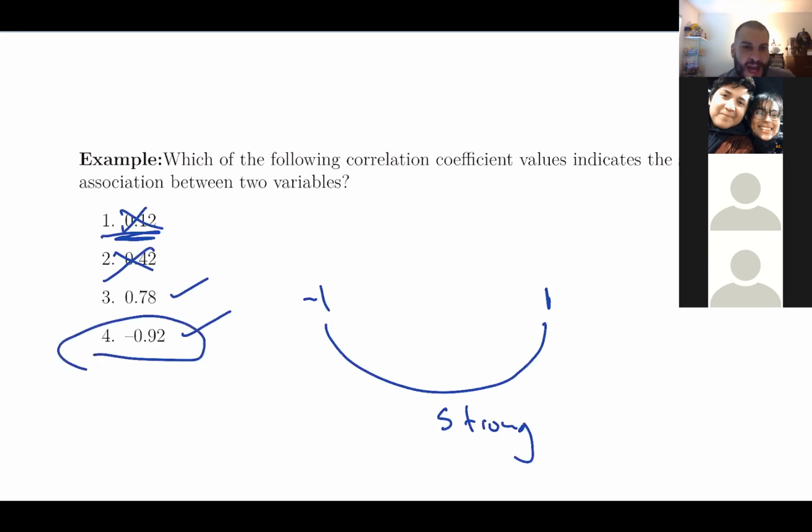So -0.92 should be considered closer versus 0.78. Both of them are strong, but if we're looking for which one's the strongest, it will be -0.92 because it's closer to -1. All right, but that's it for that. Any questions in regard to the last one?